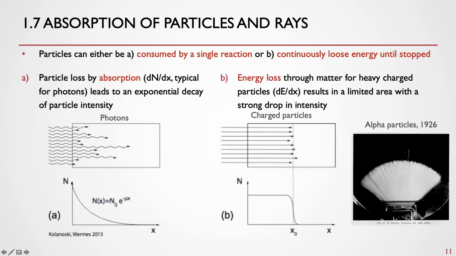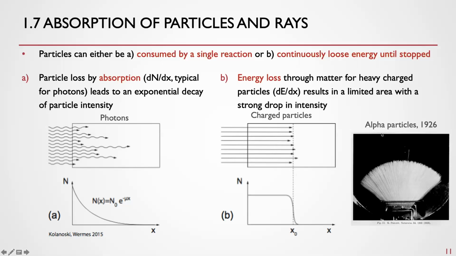The intensity of photons follows an exponential law only as long as absorption is the dominant process. That's important. The energy loss of heavy charged particles at lowish energies follows a strong drop in intensity at the given distance inside the detector.